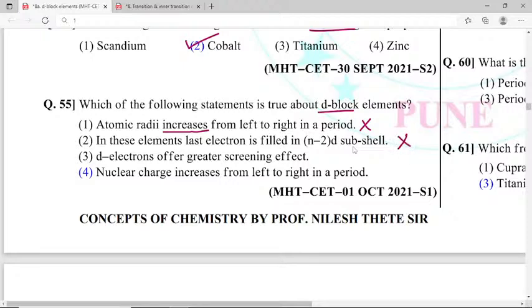No, n-1 d subshell. D electron offer greater screening effect? No, it offers poor shielding effect. Nuclear charge increase from left to right in a period? Yes, it is correct.